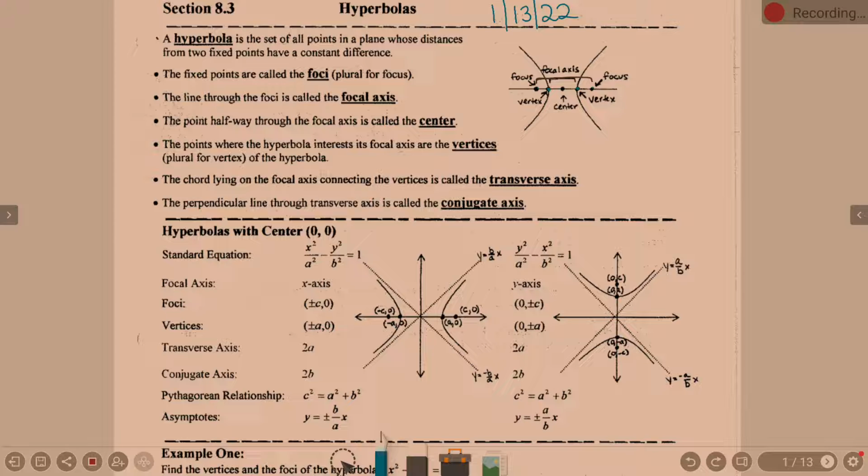And then something new we're adding in, asymptotes. We've talked about asymptotes a little bit, but asymptotes are traditionally lines that are drawn as dotted lines, and they are lines that your graph might run alongside, but never cross, never touch.